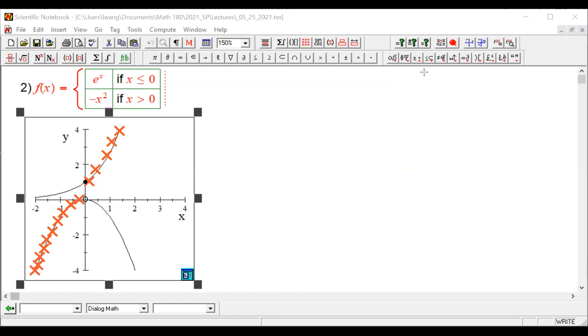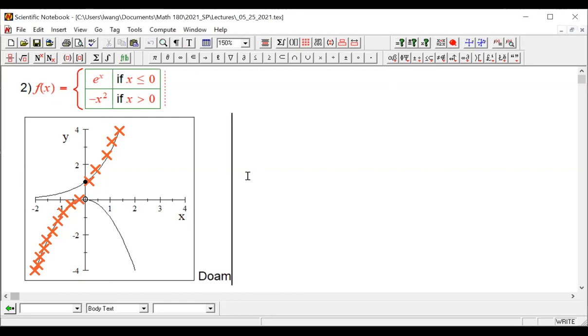Now, in terms of domain and range, the domain for this function is really all real numbers. It's defined everywhere, just with different rules on different pieces. And for the range, you have to be very careful.